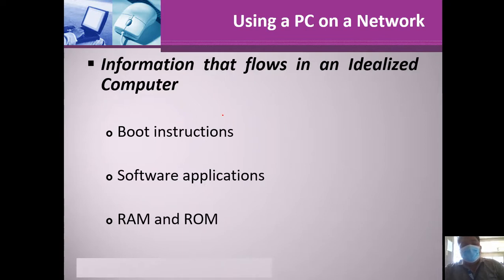If you wish to format or to reformat your laptop or PC, you have to change or modify the boot settings. Okay. And after booting, it will go to your software application, your Windows. And after that, all of your instructions or activities during your Windows session are saved temporarily in our RAM or random access memory, and ROM if you are using CDs.